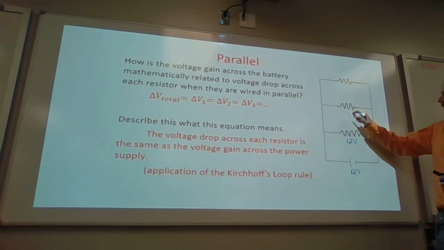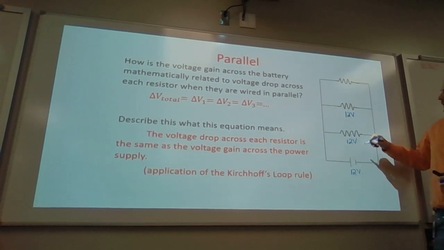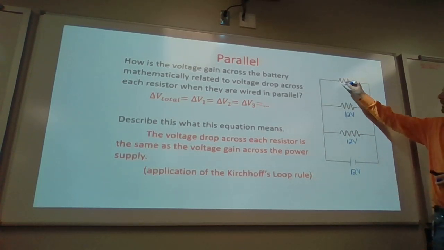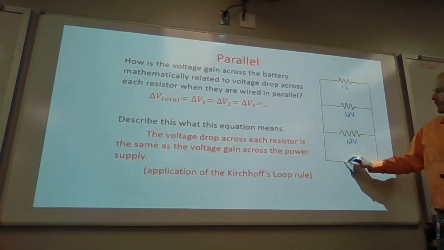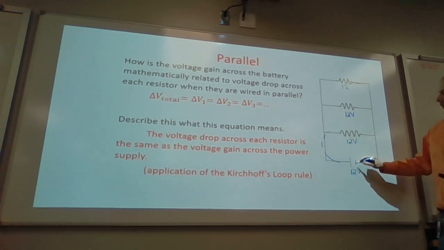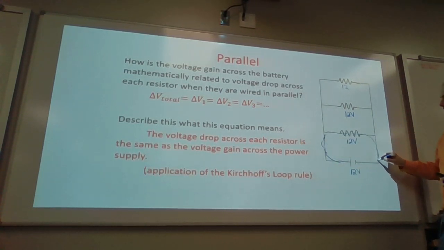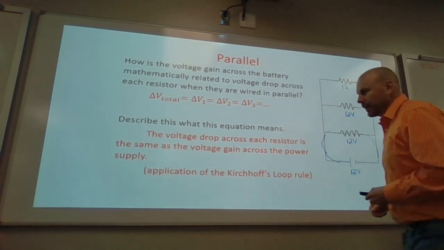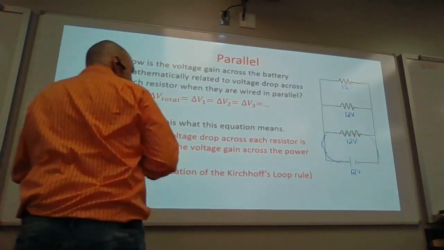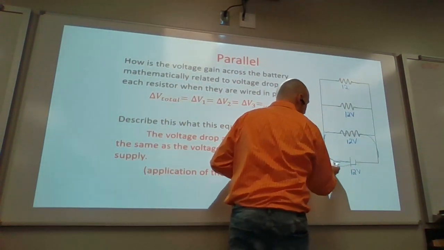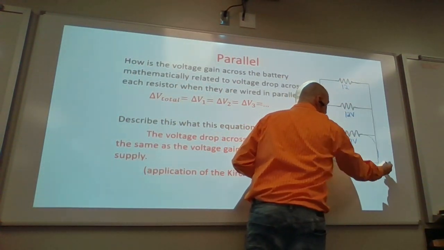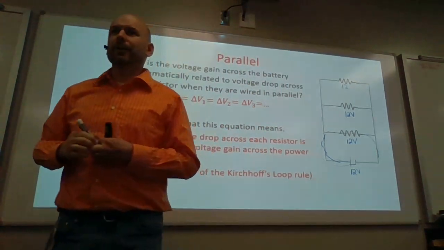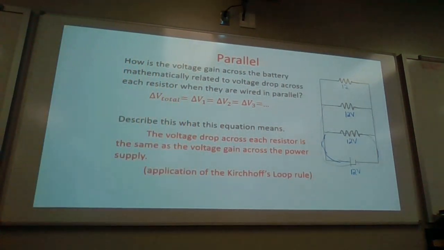That is because each one of these are independently hooked up to the power supply. And so in this loop rule, voltage gain equals the voltage drop for that loop. If you looked at a different loop, the voltage gain equals voltage drop. They're independently hooked up, so they all have the same voltage.